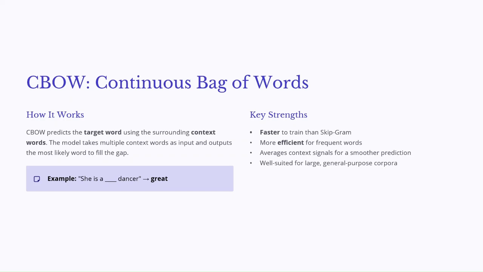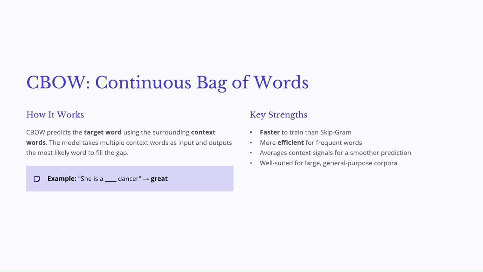You could put "she is a great dancer" or "beautiful dancer," but whichever fills the gap exactly right based on the sentence will be taken. That is how continuous bag of words works. So it predicts the target word, here what type of dancer she is. A key strength is that it is faster to train than skipgram. We will see skipgram next, because Word2Vec can use either CBOW or skipgram.